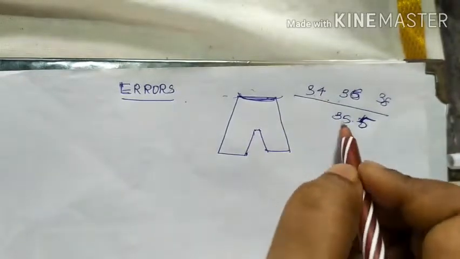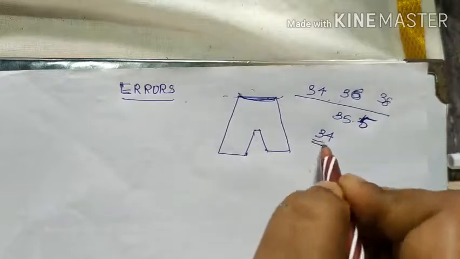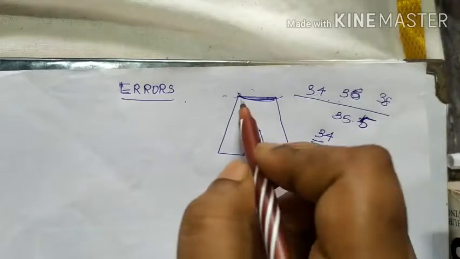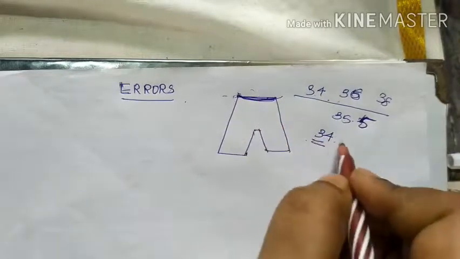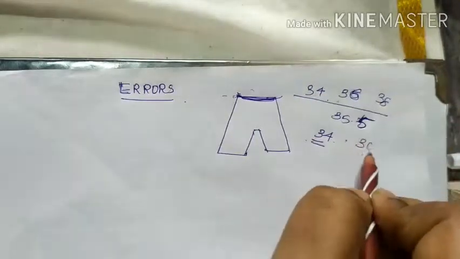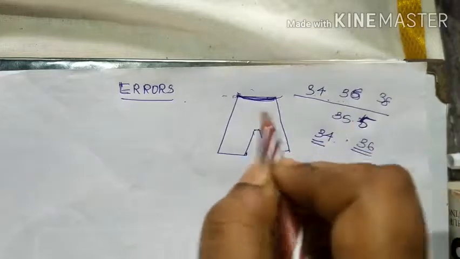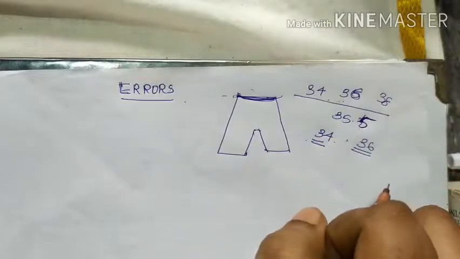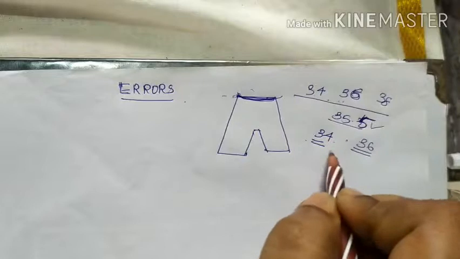You will say that it's okay, you can either give me 34 inch pants, but it will not fit. I will squeeze myself and I will put the pants on. Or I will say you can give me 36 inch pants, and I will just use a belt, and I will fasten it so that I can use it according to my waist size, right?